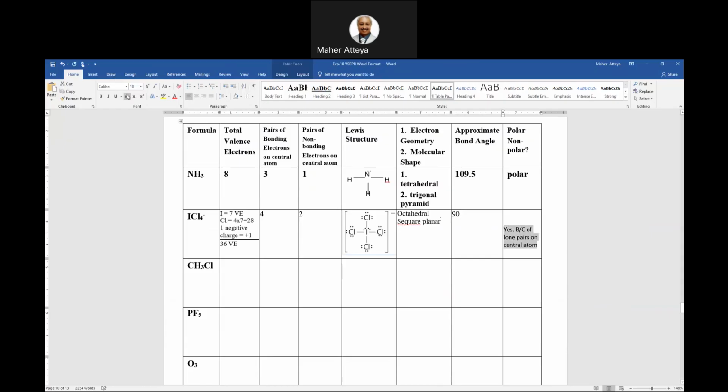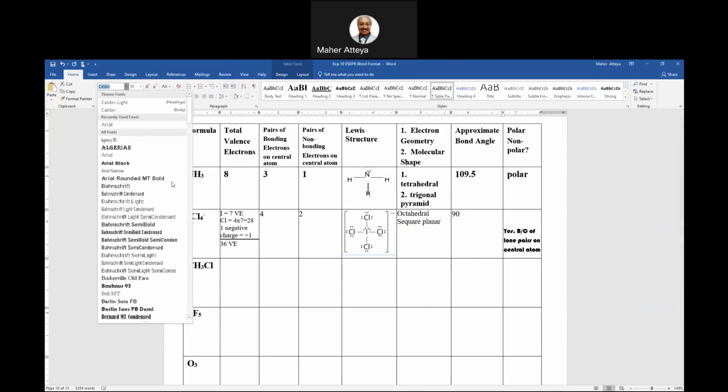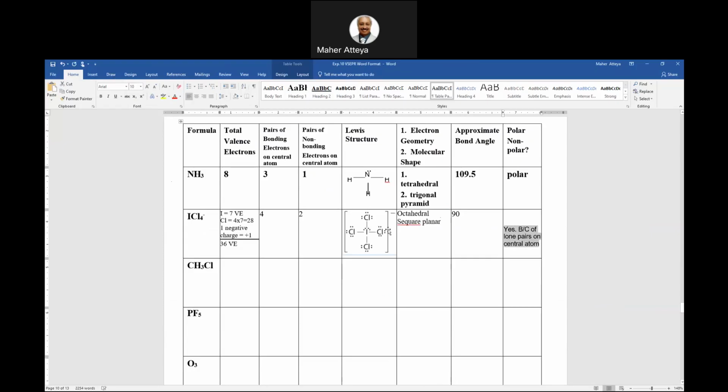So this is the answer. This is octahedral, and this is electron geometry. And this one here is square planar. This is the molecular geometry.